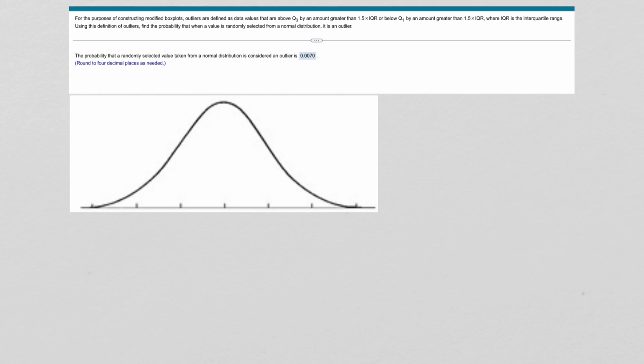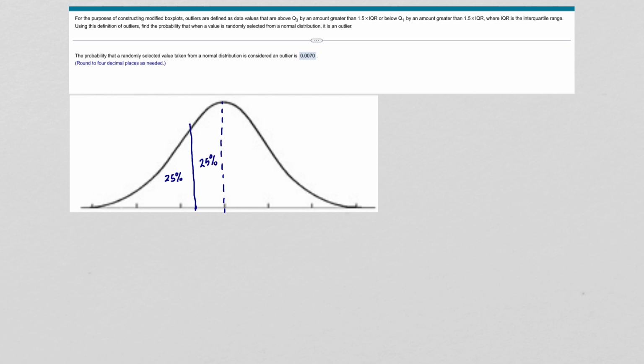So we're going to say that Q1 is roughly here. Now that seems surprising that this would be 25%. And then this area is also 25%.